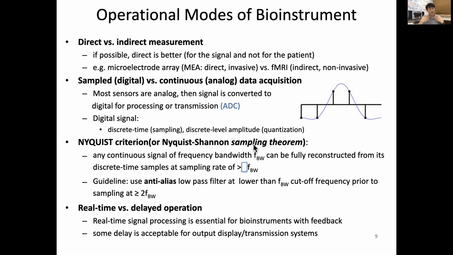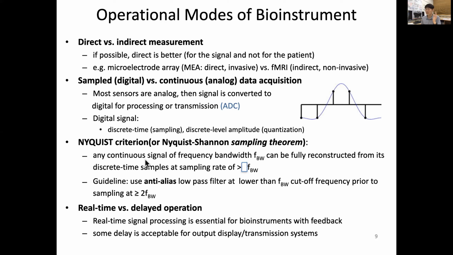It describes that, let's say the original signal has frequencies up to a certain limit, which we call the bandwidth. If we sample the signal at more than twice the original signal's frequency bandwidth, then we can completely recover the signal. That's called the sampling theorem.